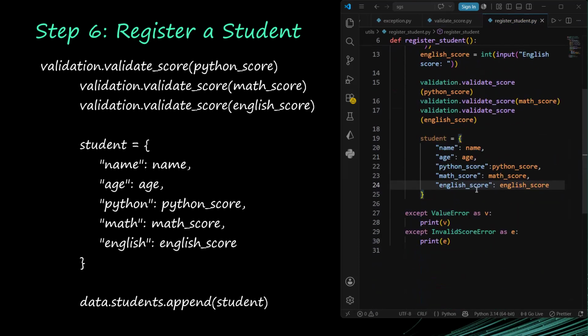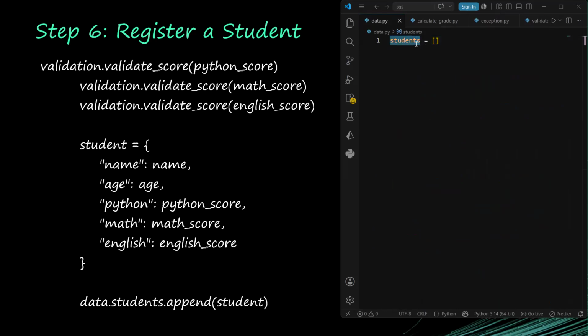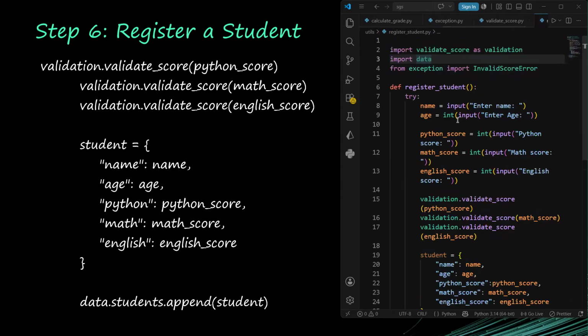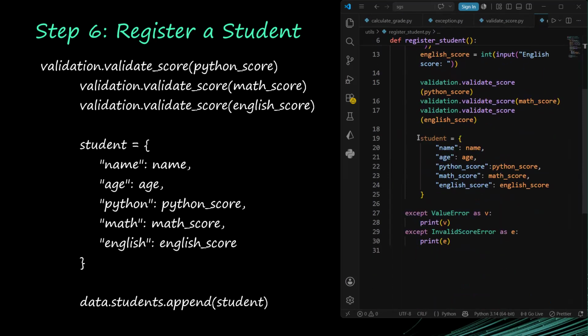Now, what do we want to do? After we have created this student, remember we have this list here. Okay, so let me go back. So now what do we want to do? Well, immediately after creating this student dictionary, we want to add it to the list.